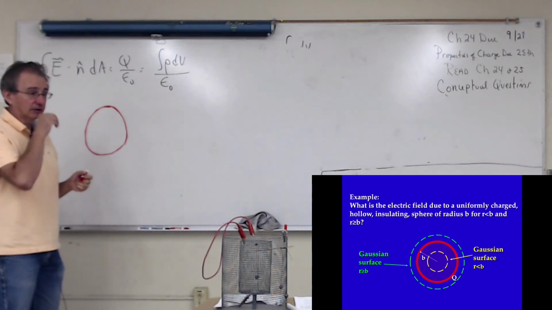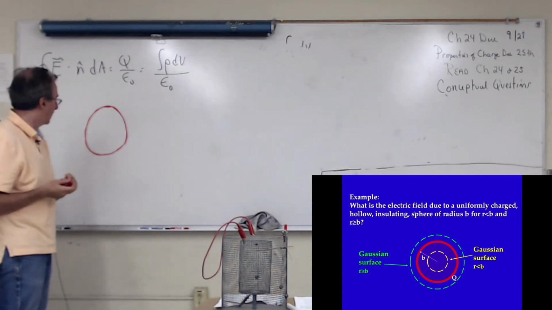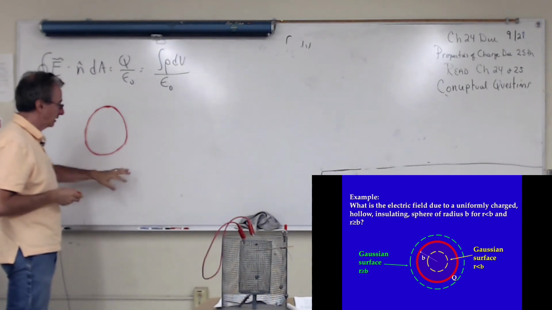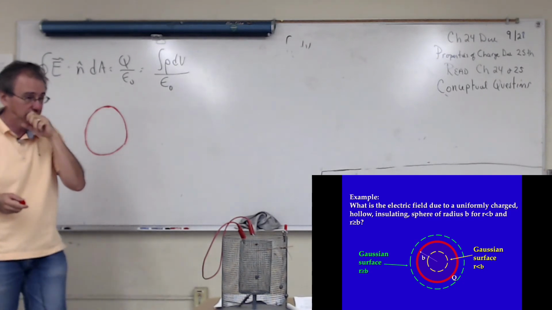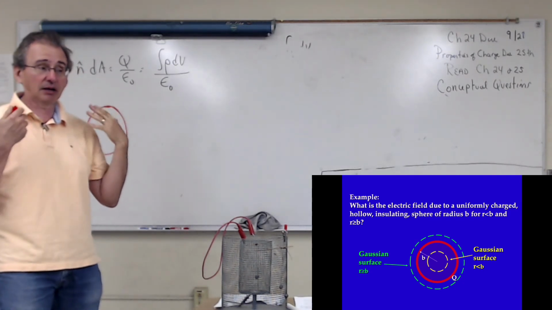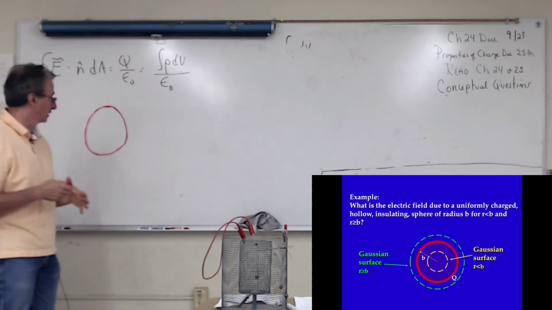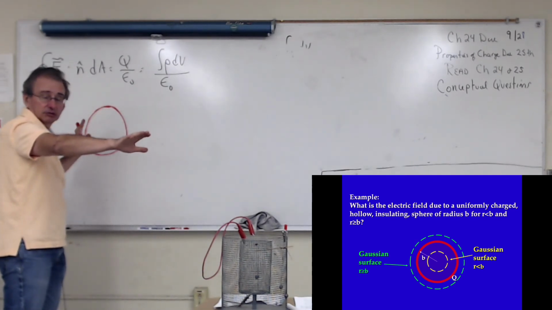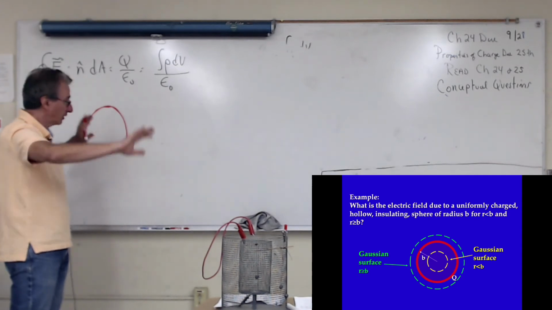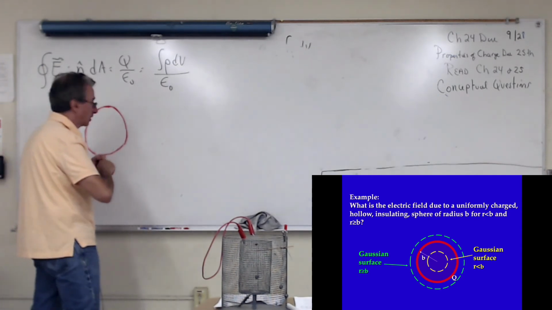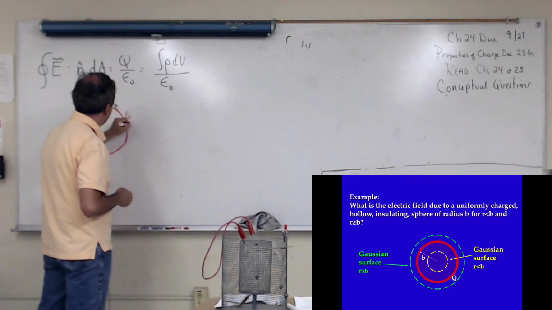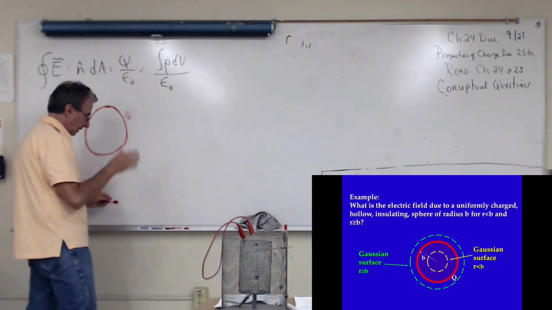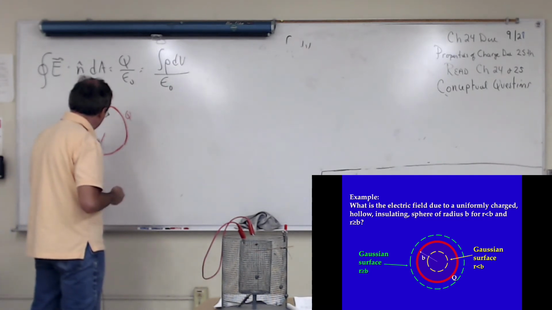I want to use Gauss's law to calculate the electric field inside this thing and outside. Here's the caveat in doing this problem. This is an isolated system. There's no other charges around it. Okay? There's nothing around it. So the total charge on this thing is Q. And there's nothing around it. And the radius of this thing is B.